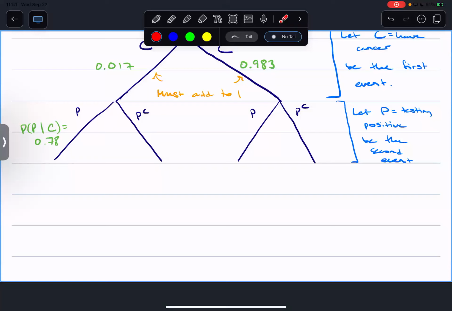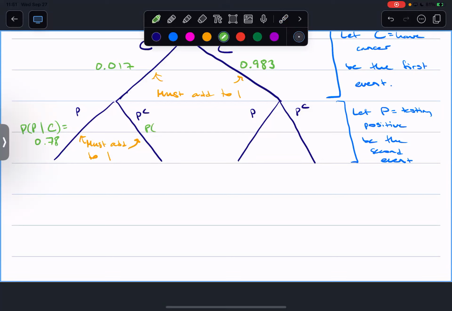What's a fact? These two branches have to add to 1, because we've already headed down this route. We have cancer. Now you're going to test positive or not. So here, these must add to 1, and we use that to find this probability: 1 minus 0.78.